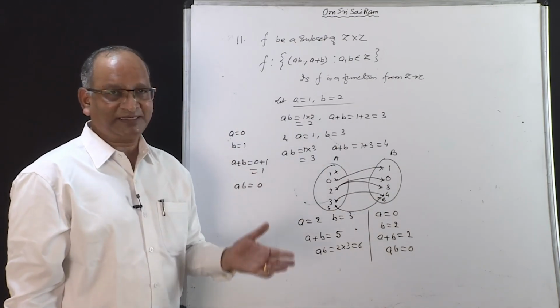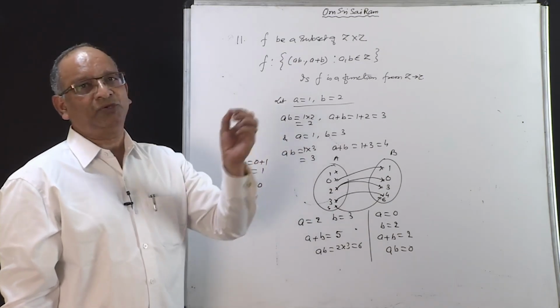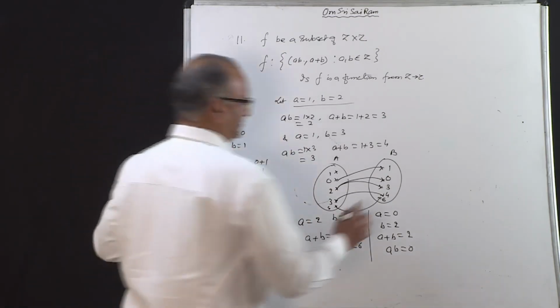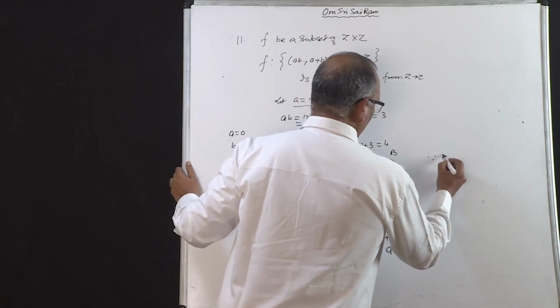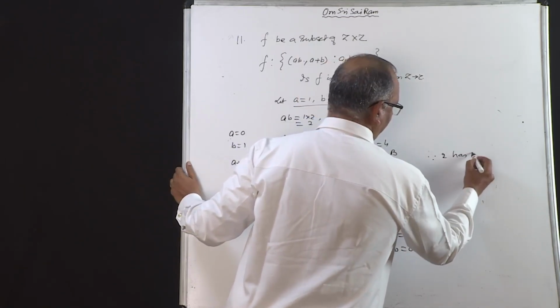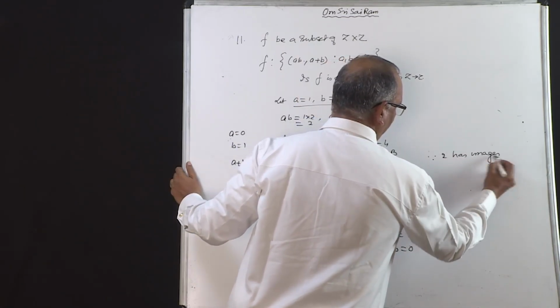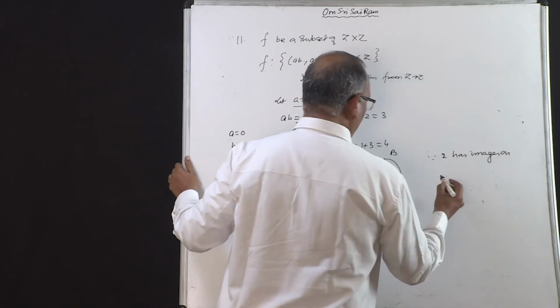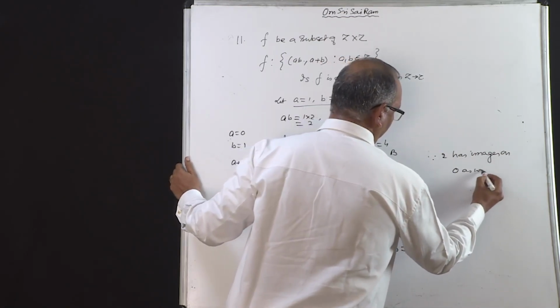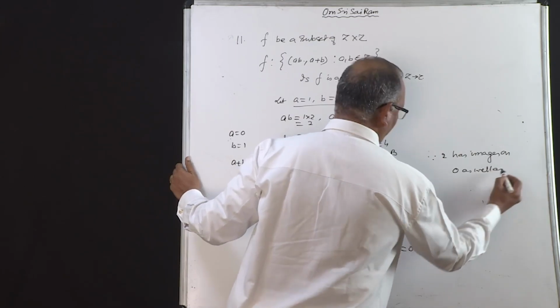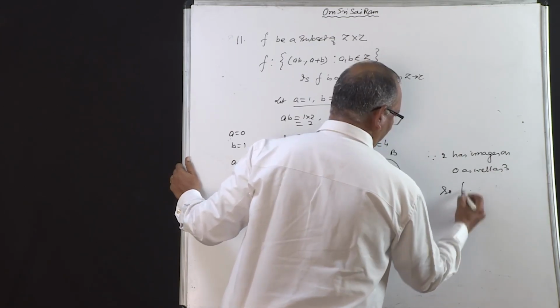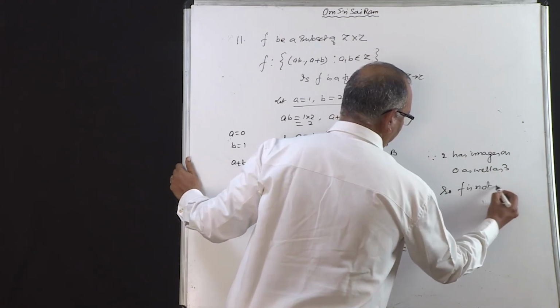The definition of function says each element has a unique image. Since 2 has images on 0 as well as 3, f is not a function.